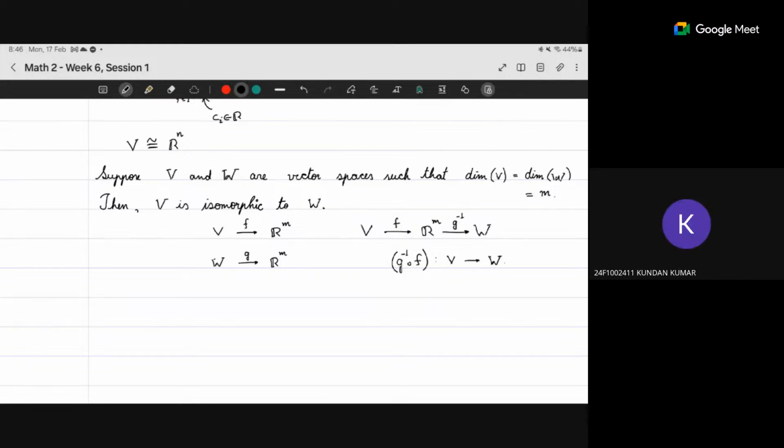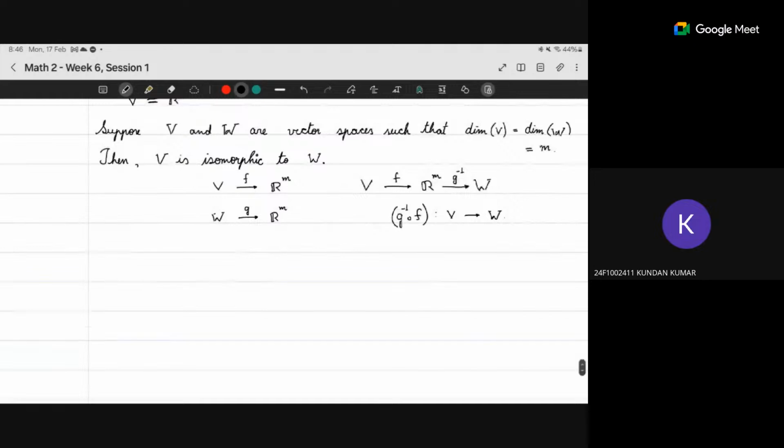Yes, sir. Right. So if we have to map from W to V, then we will go with F inverse of G. Because you first need to take an element from here, go here, that is G, and then go back over here.